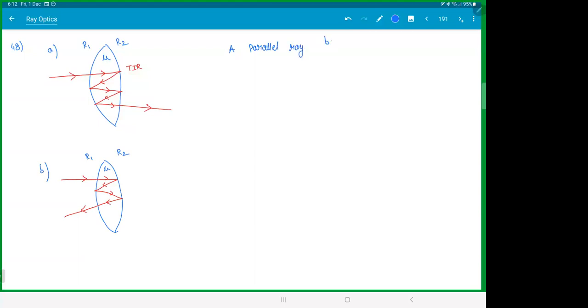A parallel ray bounces inside a lens due to TIR. So the surface acts like a mirror. So TIR is as good as a mirror.